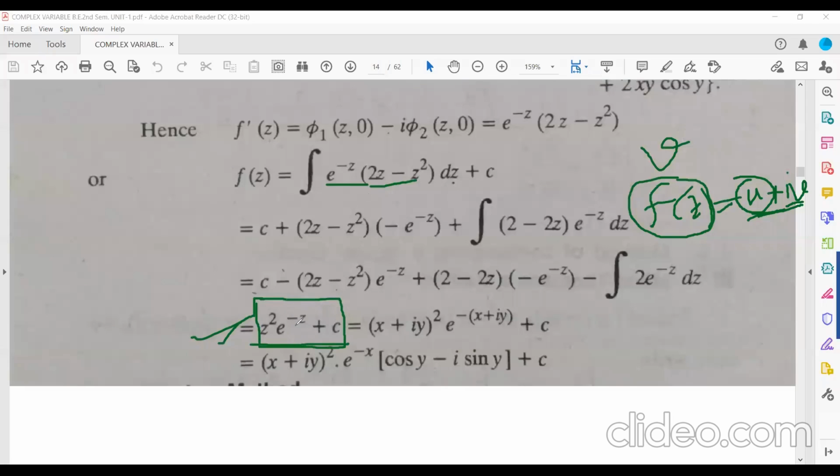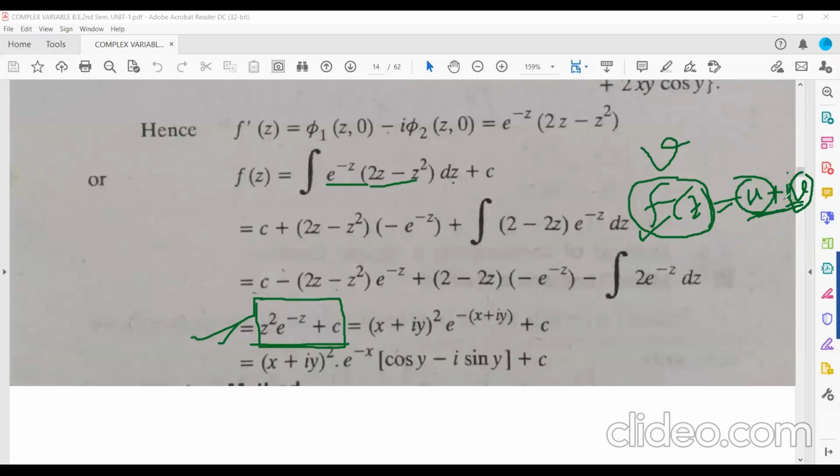But after putting z equal to x plus iy here, and after splitting it into real and imaginary parts, if you find that the real part is the same real part which is already given in your problem, then whatever is in the imaginary part is nothing but V. In that way, you will be able to find the analytic function if U is given.